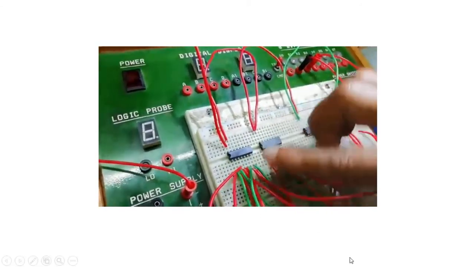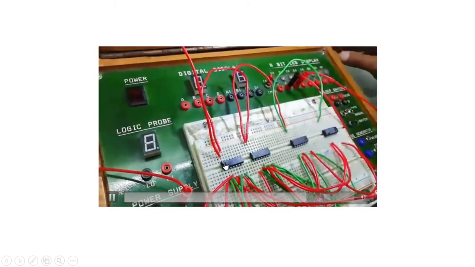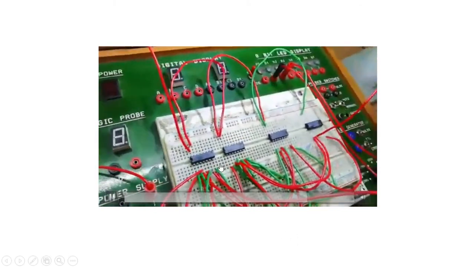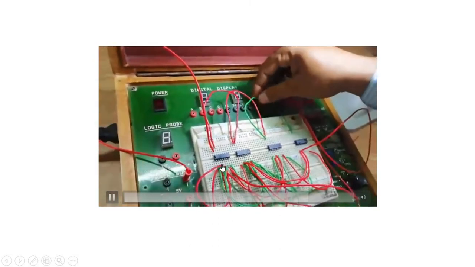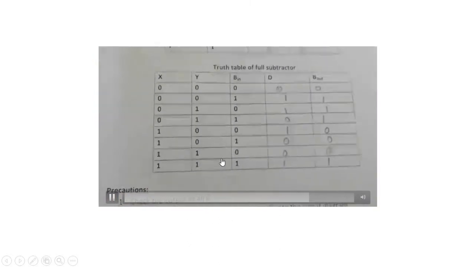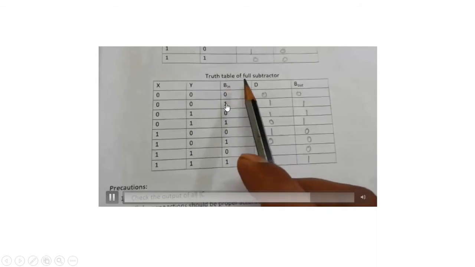So we require 2 XOR gates, and we know that in a single XOR gate IC we can implement 4 gates. So for the 2 XOR gates of the full subtractor we can use a single IC.